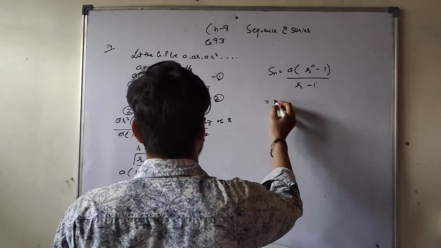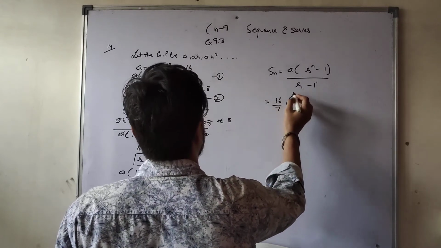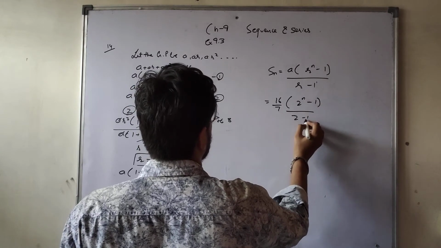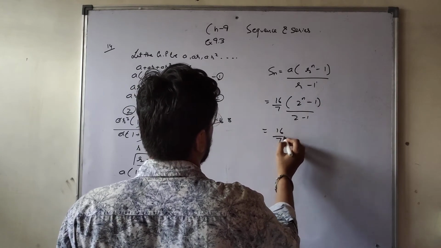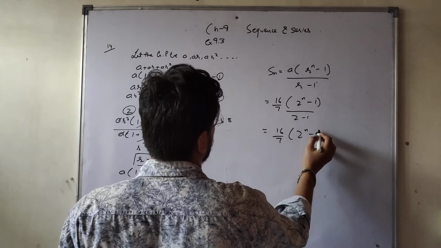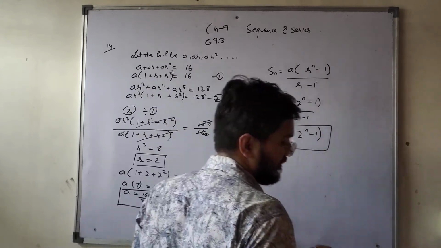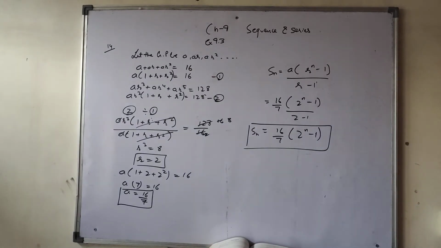The first term a is 16 upon 7, r is 2, so Sn is 16 upon 7 times (2 raised to power n minus 1) upon 2 minus 1, which is 16 upon 7 times (2 raised to power n minus 1). This is Sn, right? So we have got the first term, the common ratio, and Sn. Please pause the video to note it down.